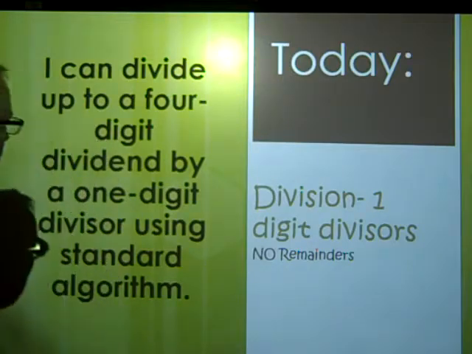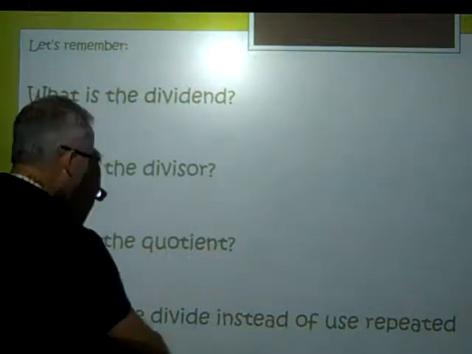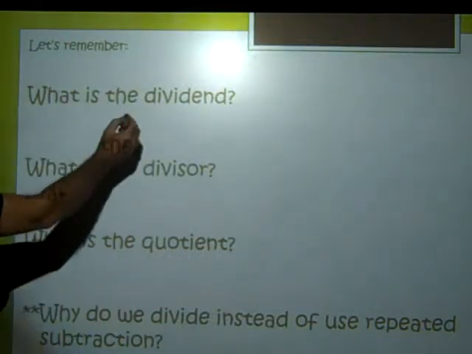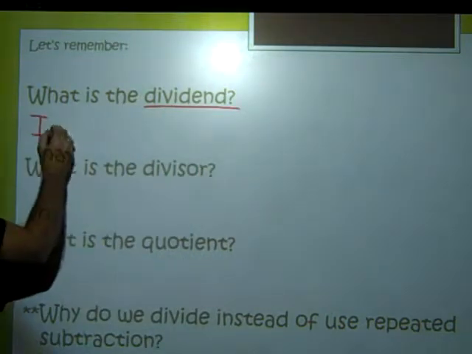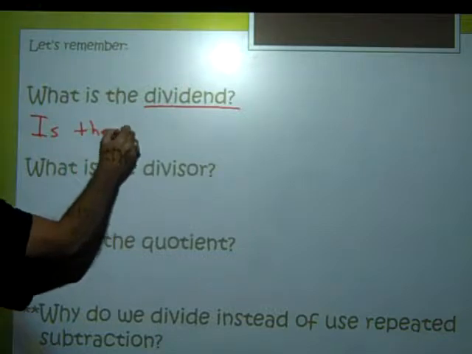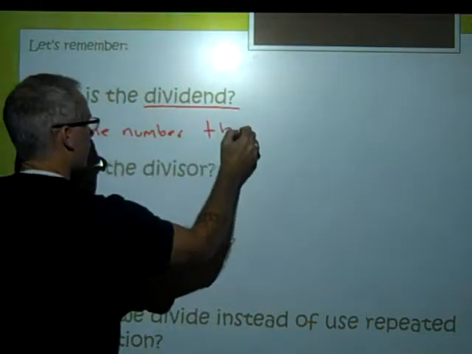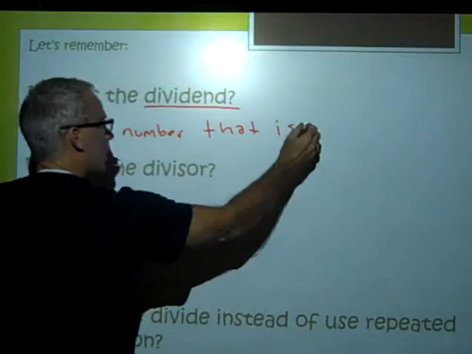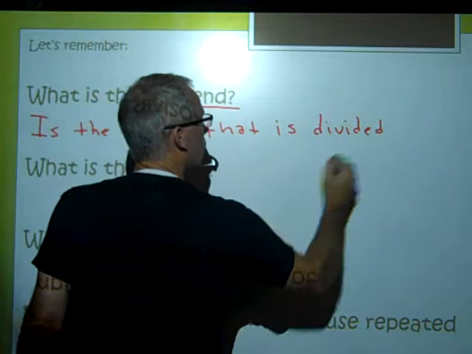So the first thing I want to talk about is those big vocabulary words that we discussed. First of all we have our dividend. The dividend in division is the number that we are dividing. The number that is divided or broken into groups.